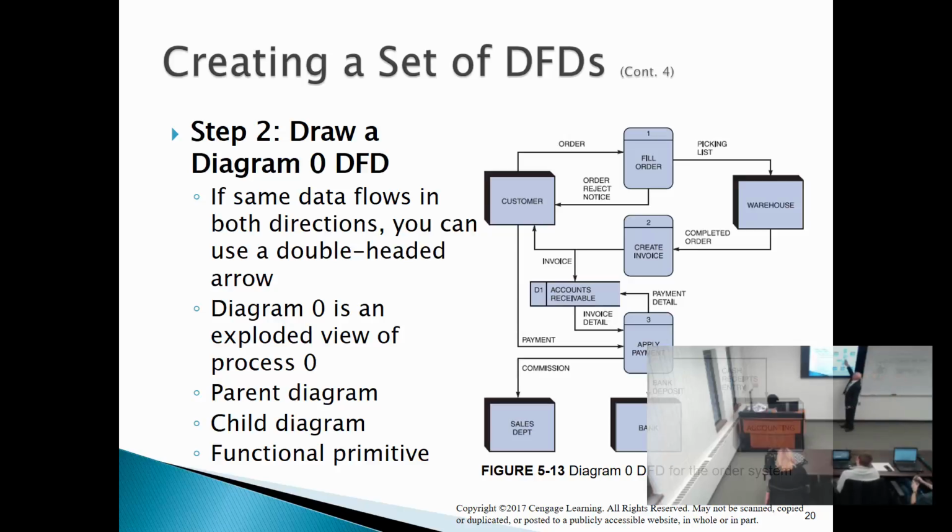Okay, so let's look at this data store, accounts receivable. So when we create an invoice, we store a copy of the invoice as well as send a copy to the customer. When the customer returns his payment, it goes where? It goes into the apply payment process. Is this simple and clear?